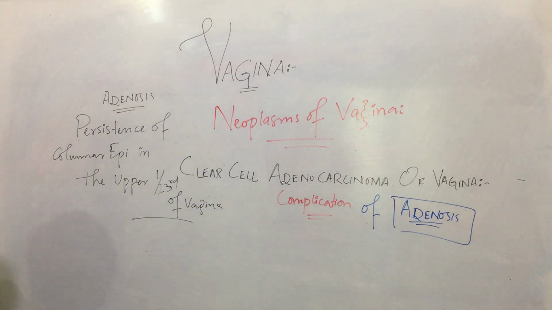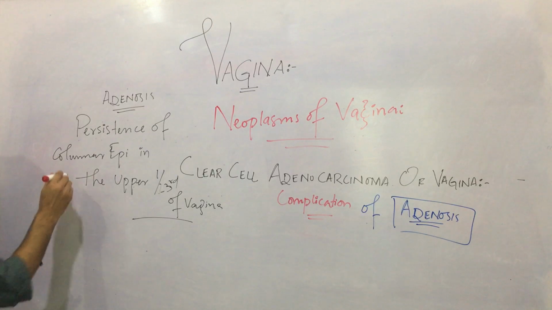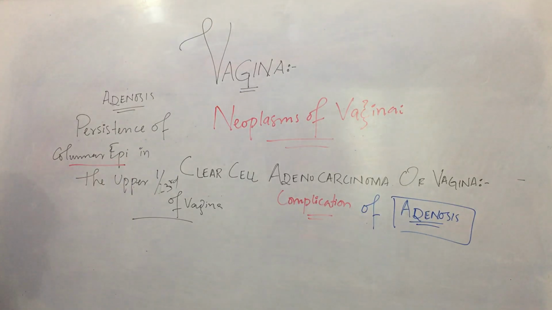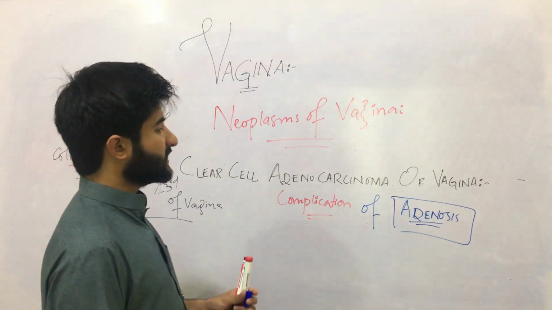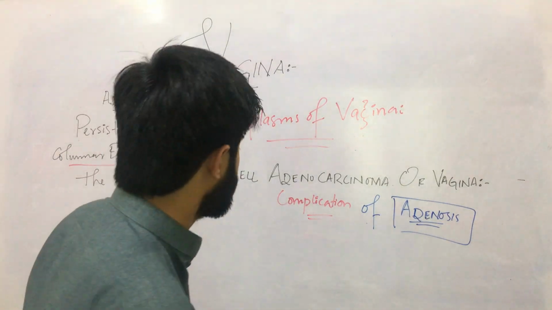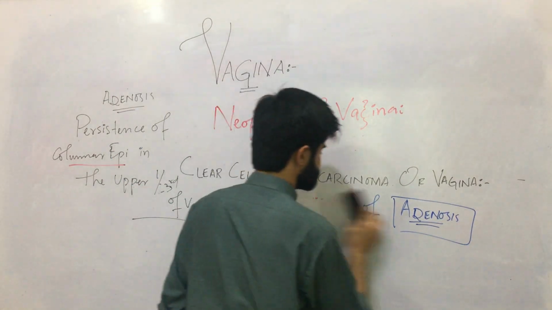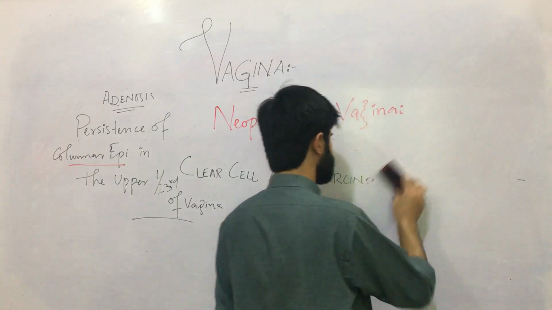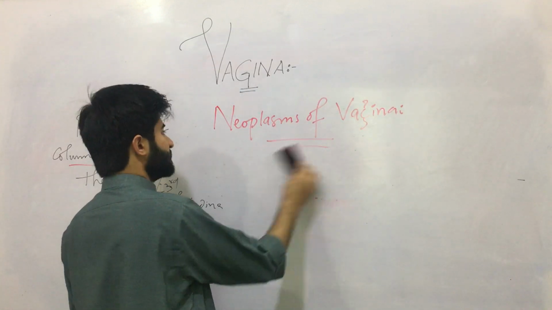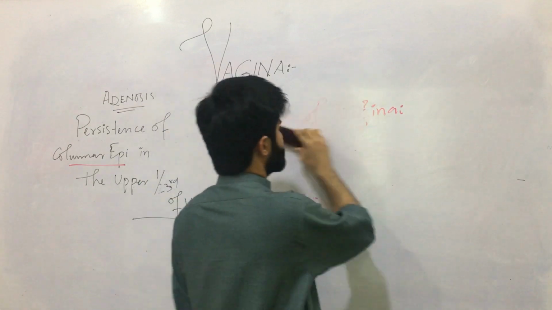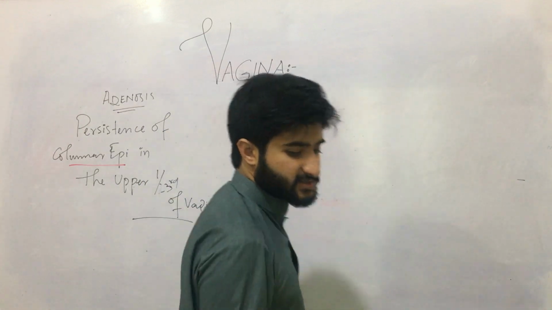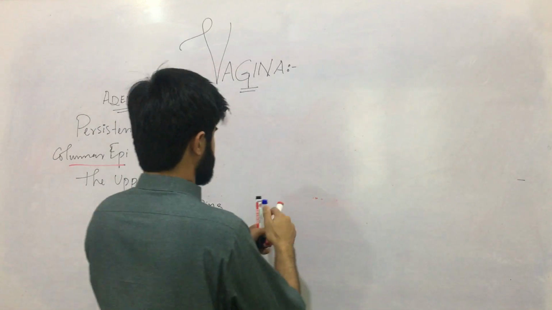Adenosis is defined as the persistence of columnar epithelium in the upper 1/3 of vagina. Normally the vagina is lined by which epithelium? Any idea, please? Squamous. Normally vagina is lined by stratified squamous non-keratinized epithelium.